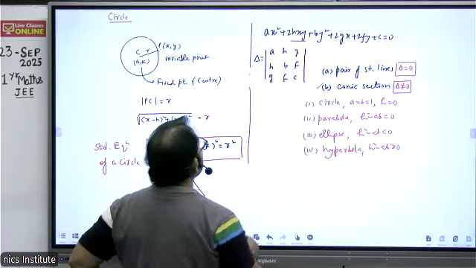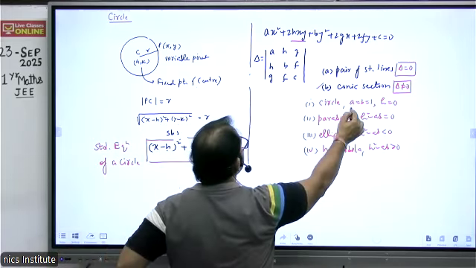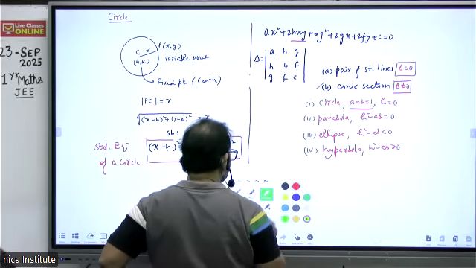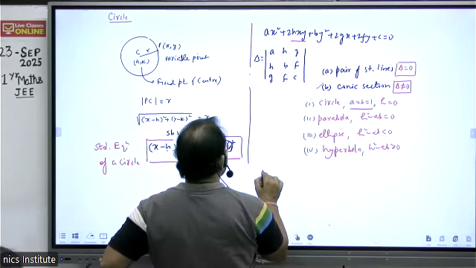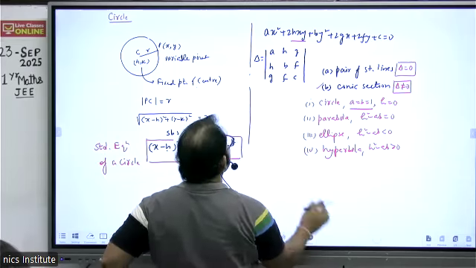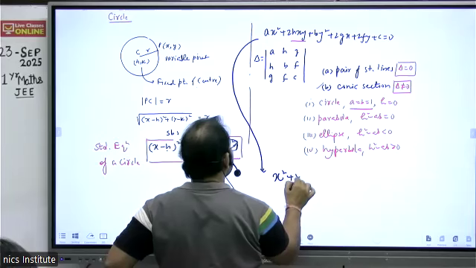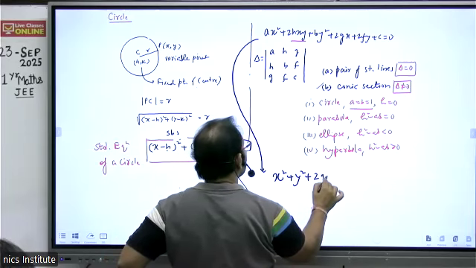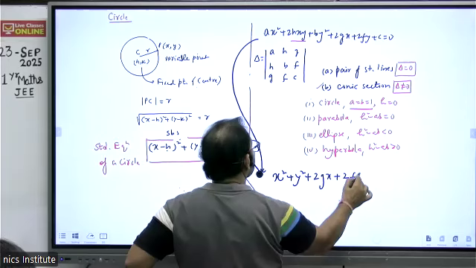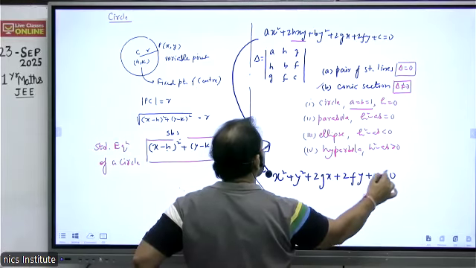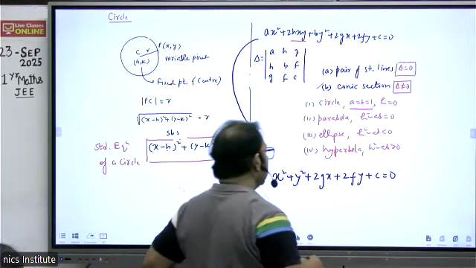Now for circle, we have said that A and B should be equal to 1, h is 0. So this equation will reduce to x square plus y square plus 2gx plus 2fy plus c equal to 0. So this is general equation of circle.